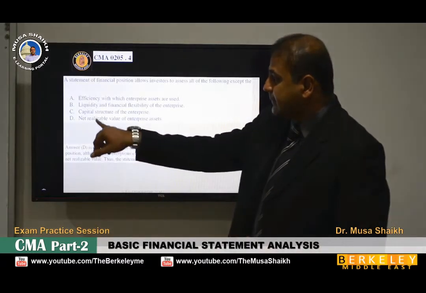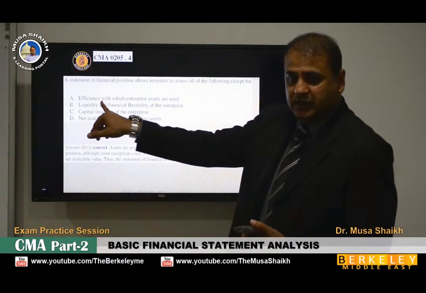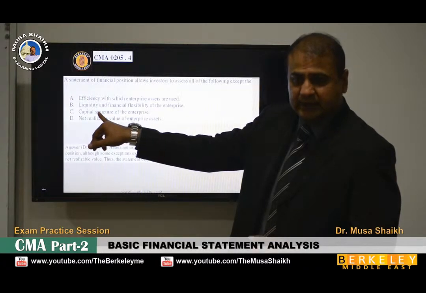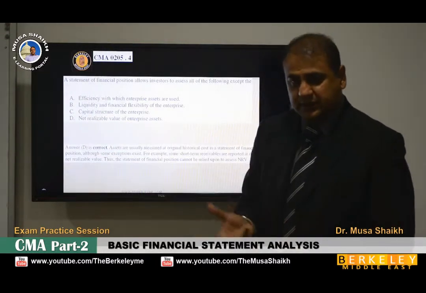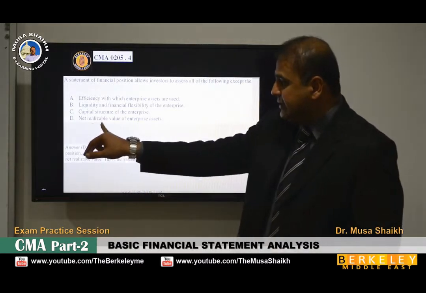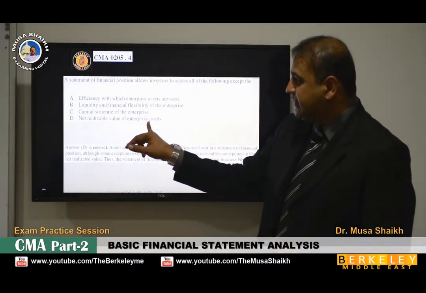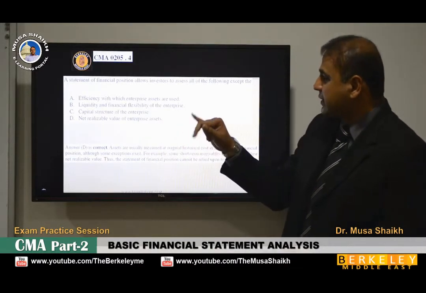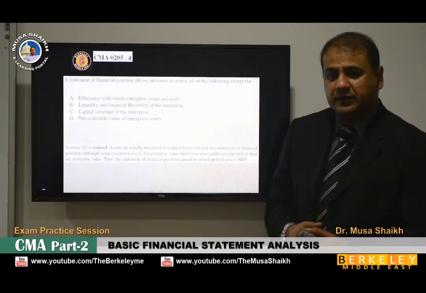So if you see, we can see efficiency, liquidity we can see because current assets minus current liabilities. Capital structure we can see like equity, retained earnings.